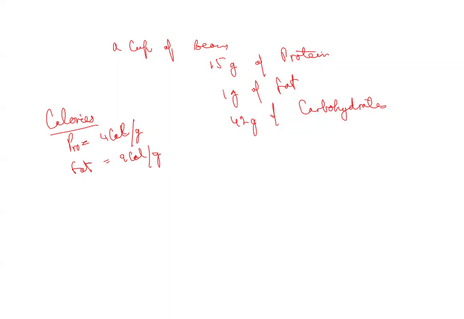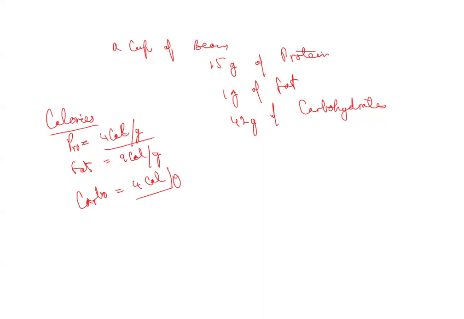Okay. So then for carbohydrates, it is 4 calories per gram. So here protein and carbohydrates, they have given the same thing. If you consume 1 gram of carbohydrates, you get 4 calories. If you consume 1 gram of fat, you get 9 calories. If you consume 1 gram of protein, you get 4 calories.